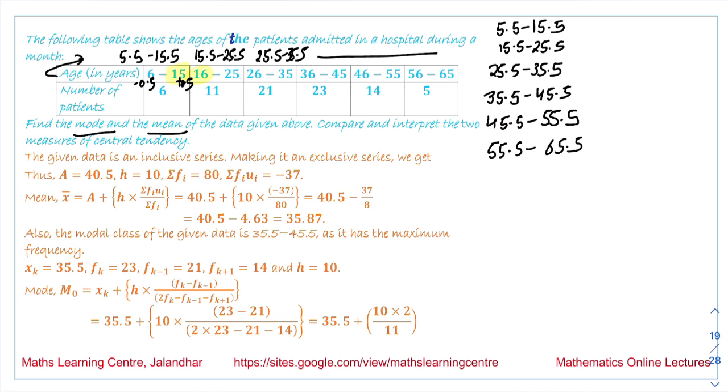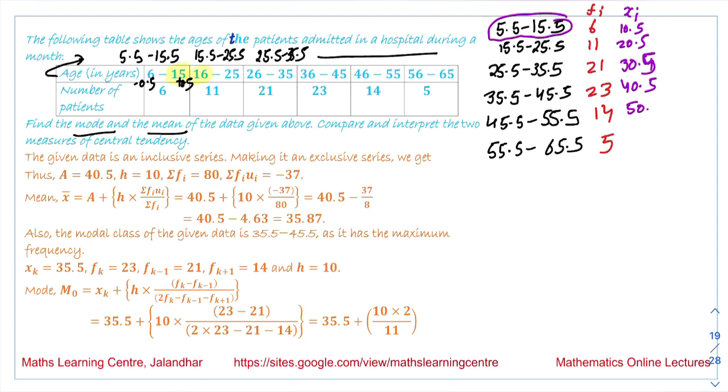These are the classes we have. Now the frequencies we have, Fi, are 6, 11, 21, 23, 14 and 5. Next thing we have to calculate is Xi. So that will be the sum of these two values divided by 2. The answer we will obtain is 10.5, 20.5, 30.5, 40.5, 50.5 and 60.5.